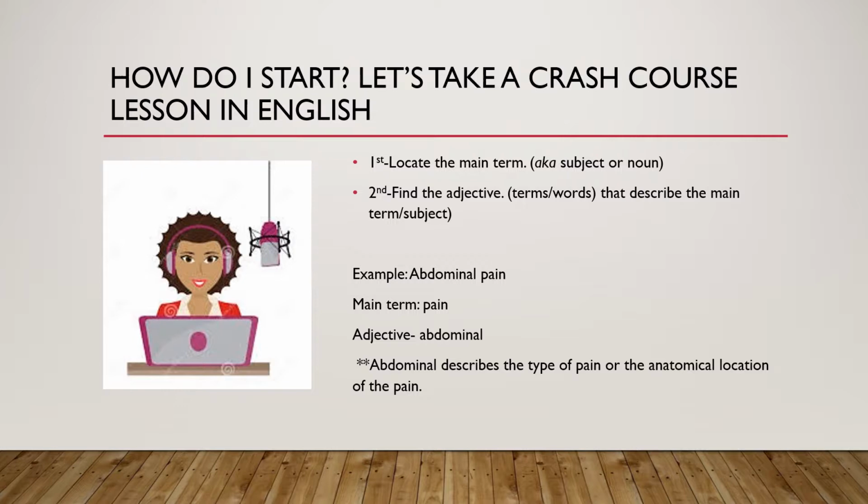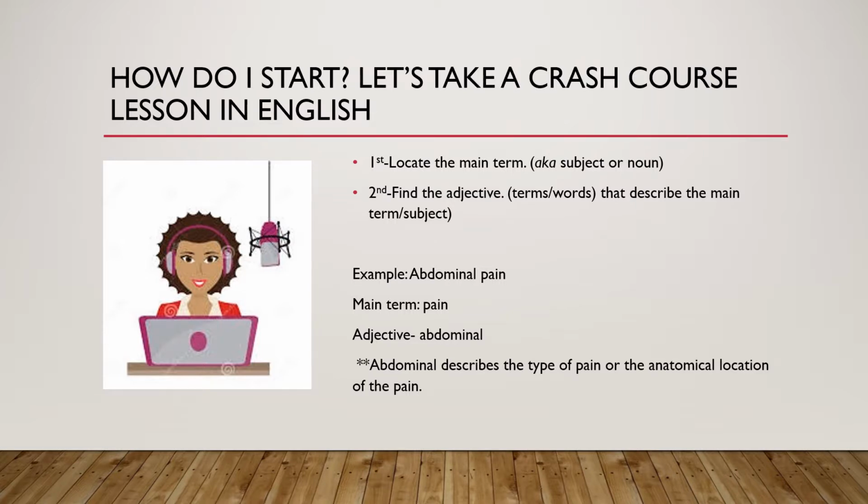term or our subject. So if we look at our example of abdominal pain, our main term is pain, and our adjective is abdominal. Most coders, those who are new to coding, may want to go with abdominal as their main term because we're in healthcare.